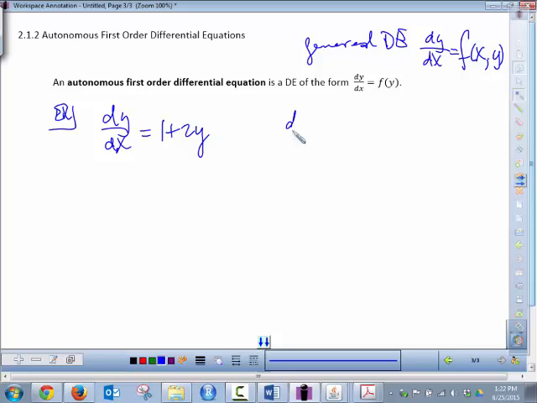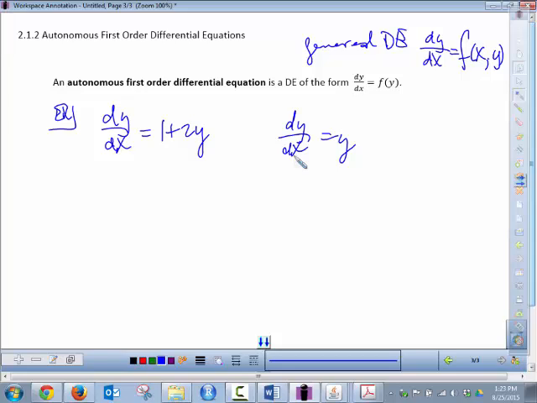Actually, I had an example earlier. It's about as easy as it gets, right? So this is an example of an autonomous differential equation. Okay? So basically, anything that doesn't have an x in it would be an autonomous differential equation.